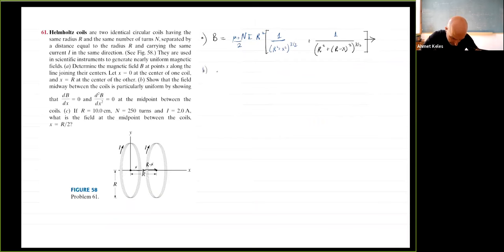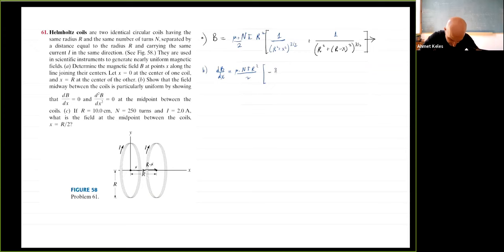dB/dx is equal to this constant, whatever it is. We don't care about the constant. Actually, let's write the constants too: mu 0 n I r squared over 2. So the derivative is what?